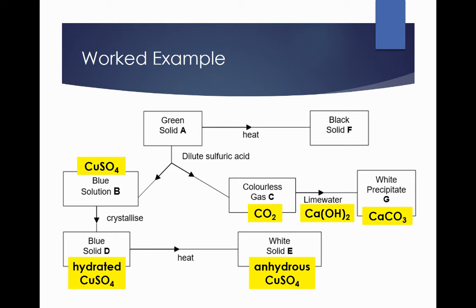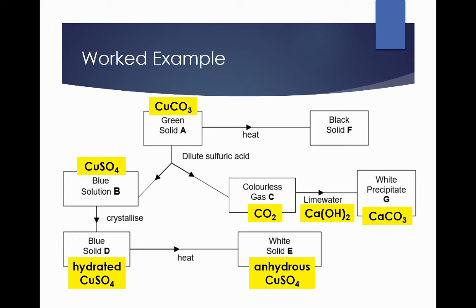Now, even though it is green in color, you might be thinking it should be iron(II), but because the product blue solution B was copper(II) sulfate, it means that green solid A has to contain copper(II) ions as well. It is, in fact, copper(II) carbonate. Now, you might be thinking, why copper(II) but green color?